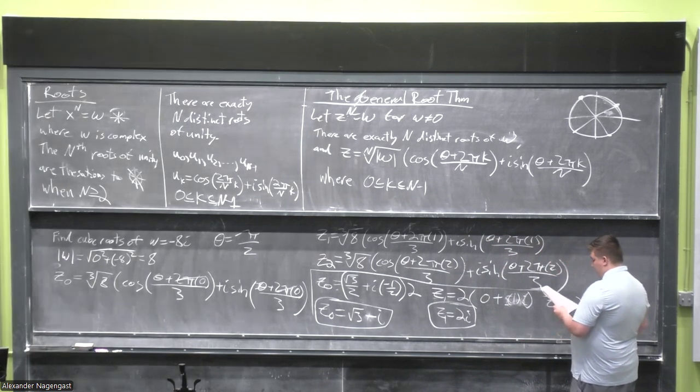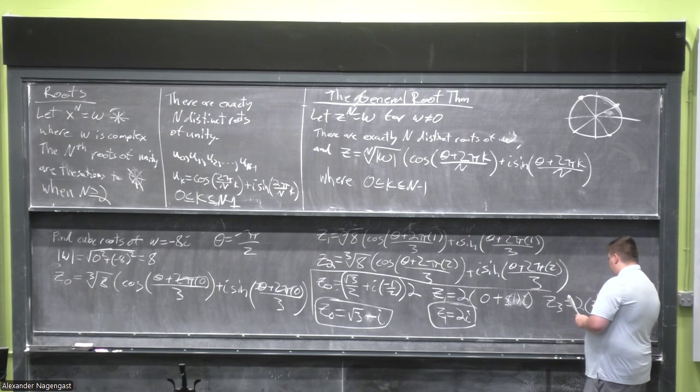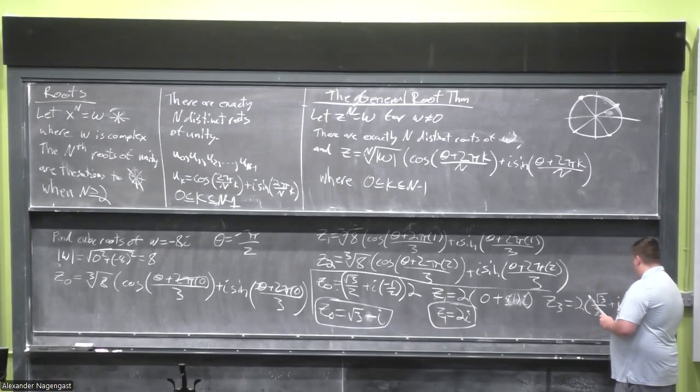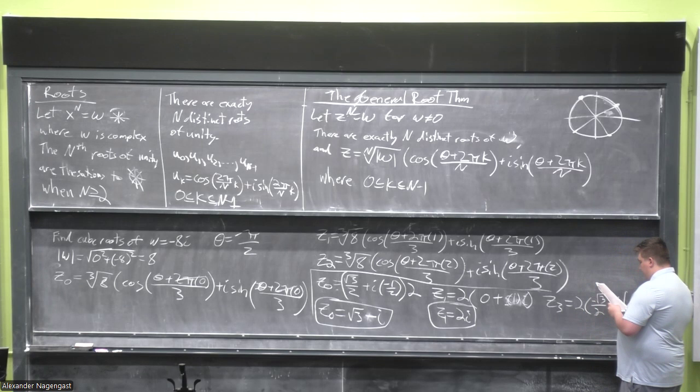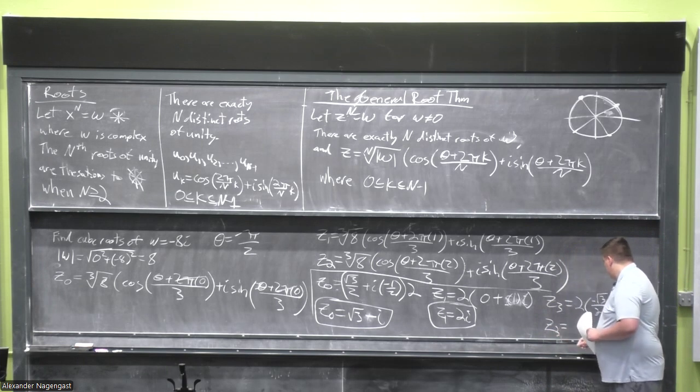Solving, we get cosine of 7 pi over 6, which is negative square root 3 over 2, plus I times sine of 7 pi over 6, which is negative 1/2. Distribute the 2, and we get z3 is equal to negative square root 3 minus I.